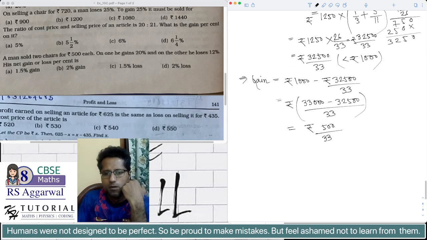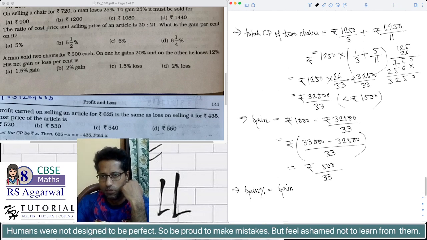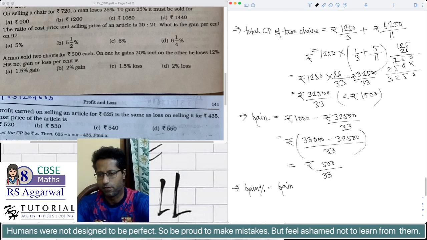Okay, so this implies the gain percent is equal to, now this gain is based on the two chairs. The selling price of the two chairs was rupees 1000, and the cost price of the two chairs is found to be rupees 32500 by 33. So the gain is 500 by 33.